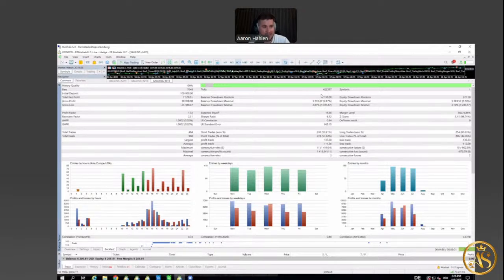This is like a drawdown of 0.1%. But the maximal balance drawdown is 2.8%. That means not one time the account went over 2.8% drawdown, as you can see. And our rule is 5% absolute drawdown.